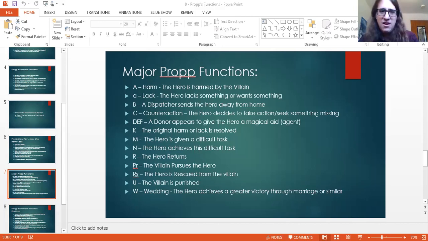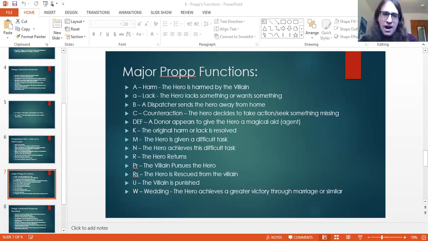So let's start with the dispatcher, the dispatch away from home. Lord Farquaad sends Shrek away on his quest. So that fits perfectly. Then we have an up arrow, which is usually when the hero leaves home. But we also have a counteraction. So I'll just put Shrek leaves home.